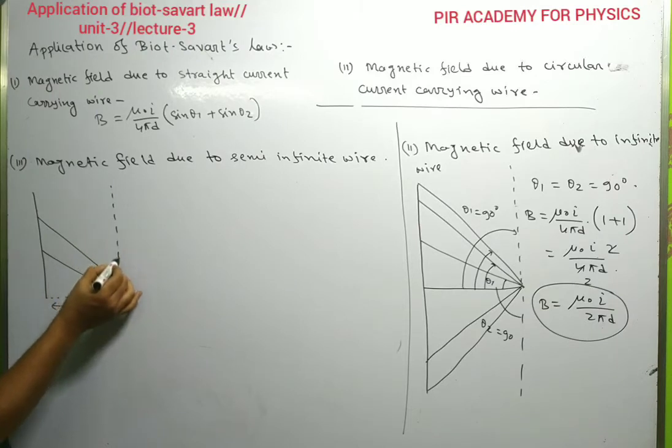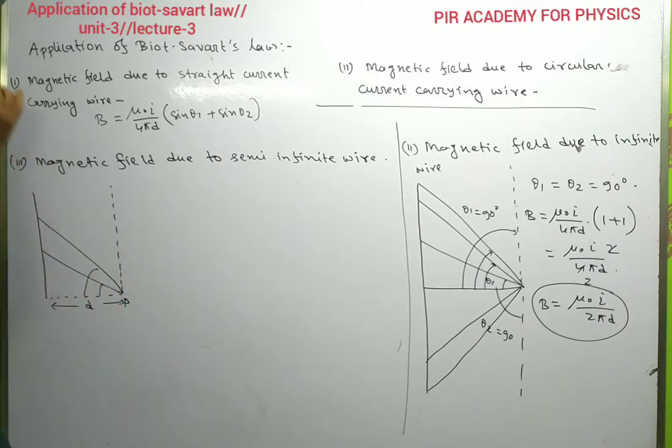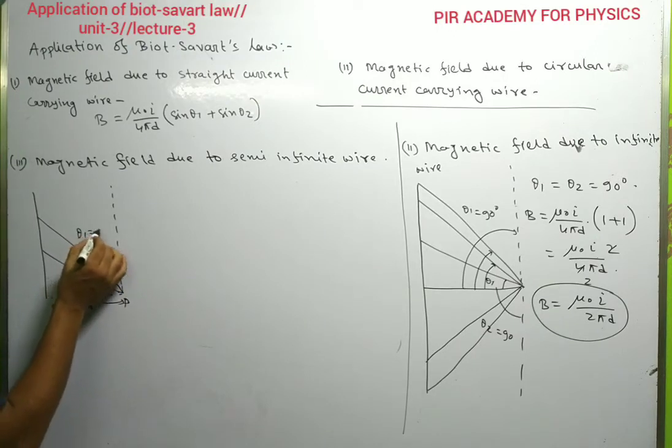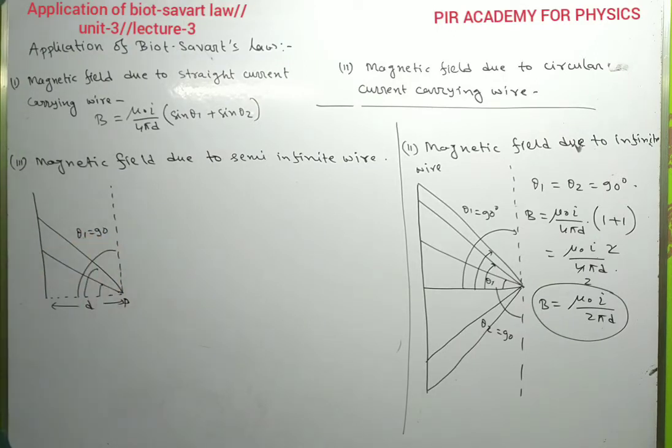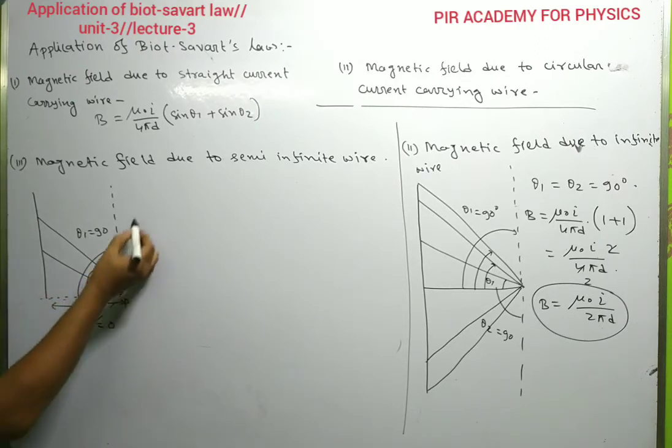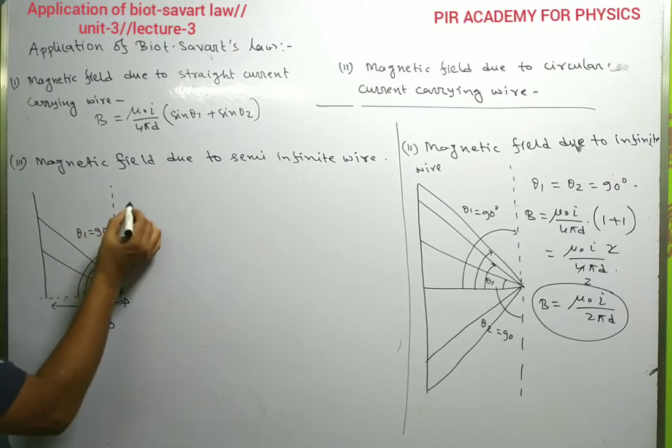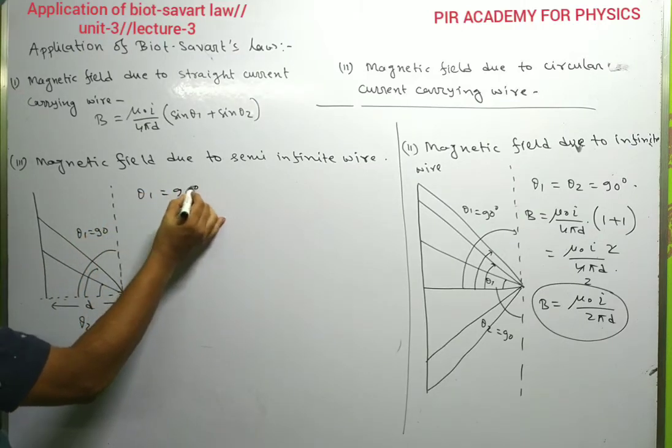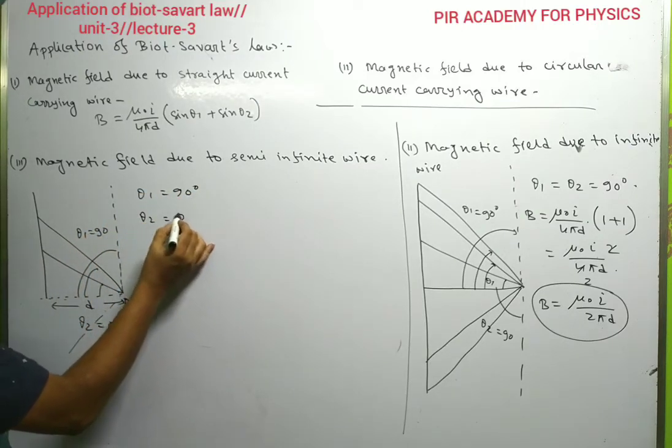For the infinite length of this wire it will be 90 degrees, that means theta 1 will be 90 degrees, but there is no length in this region of the wire. That's why the angle theta 2 is 0, because there is no length. So if I put this value, theta 1 equals 90 degrees and theta 2 equals 0 degrees.